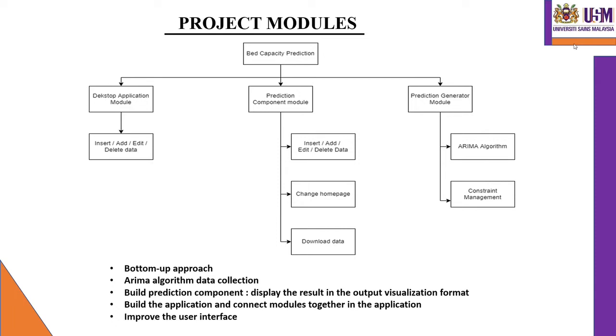The prediction component module is the output visualization of the predictions, which I visualize using a stacked bar chart. The prediction generator module is the ARIMA model. The approach used is bottom up.